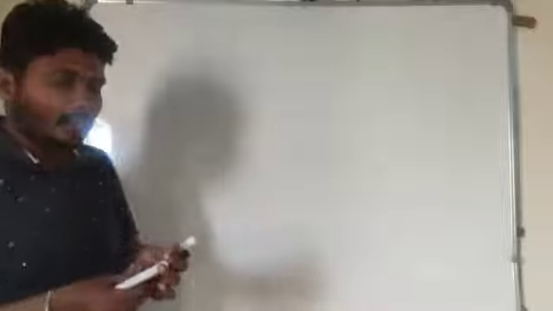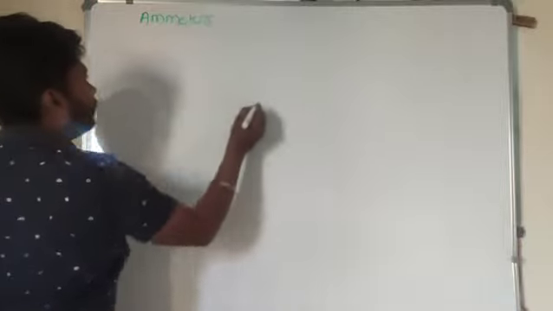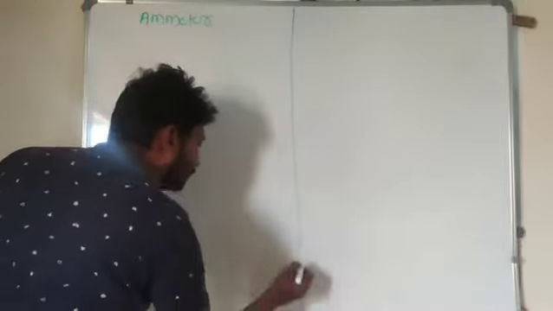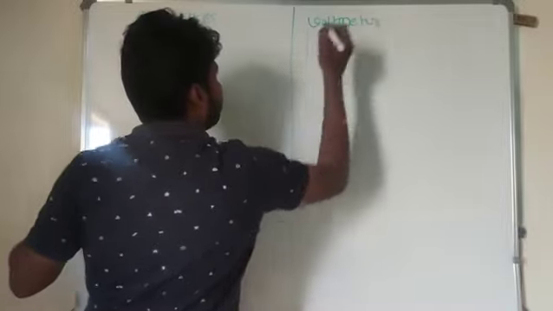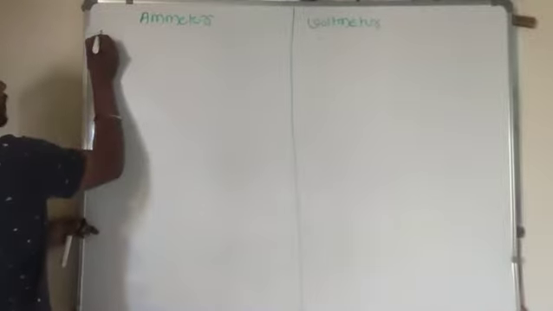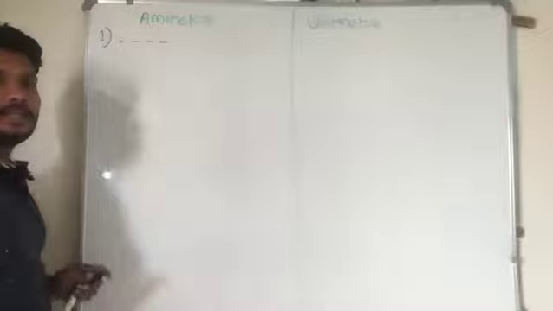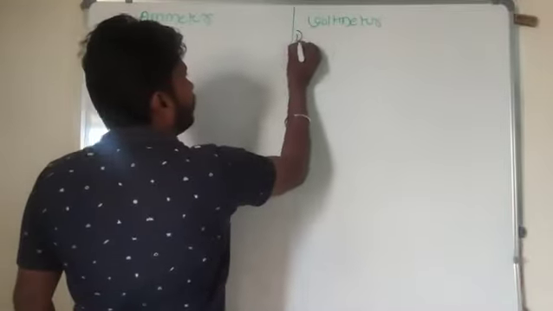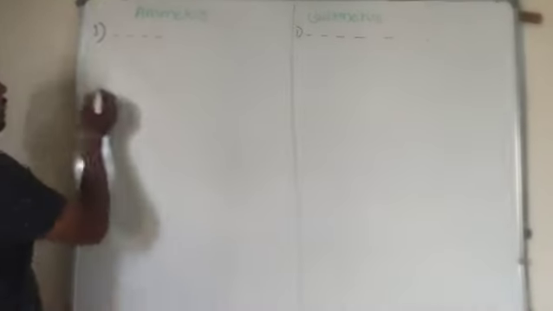First thing, for what purpose are we using ammeter and voltmeter? I don't want to write, I will just explain here. Ammeter is used to measure current in the circuit, whereas voltmeter is used to measure potential difference across the circuit.